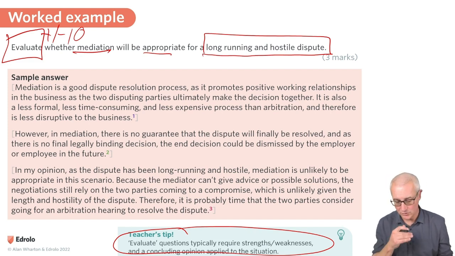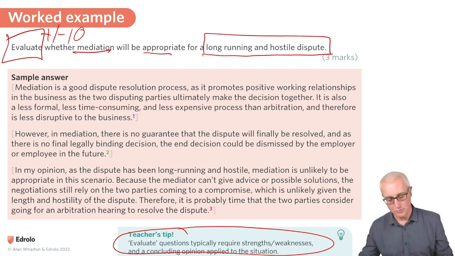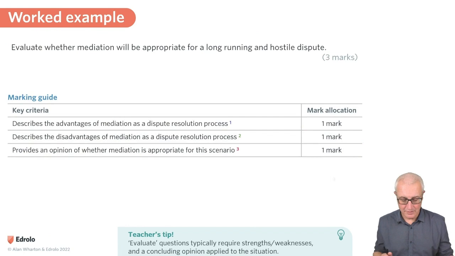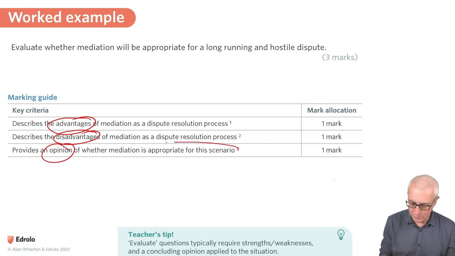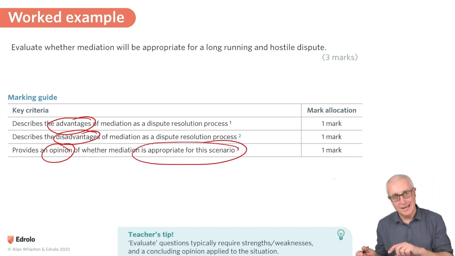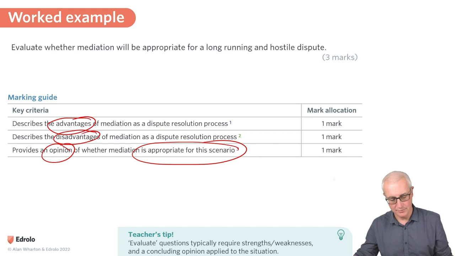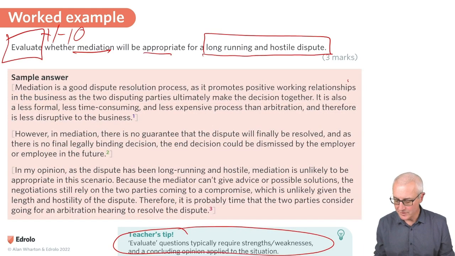Okay, so here we have a situation of a long-running and hostile dispute. So we're looking for the strengths, the weaknesses, and an opinion that comes with it. Now, if we look at that in terms of the marks, exactly how it's laid out, we're looking for the advantages, the disadvantages, and an opinion of whether it's appropriate for this scenario. So now let's look at that in that worked example. If we were to read through this first bit here, all the strengths are covered here.